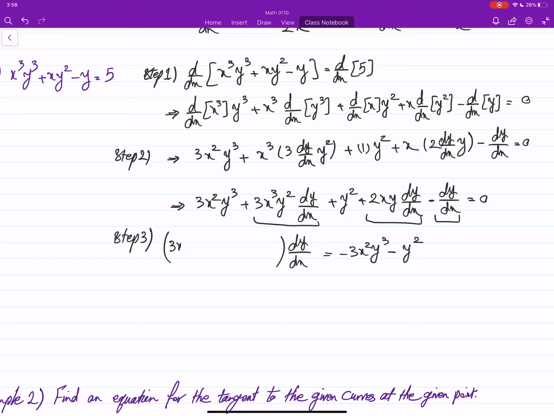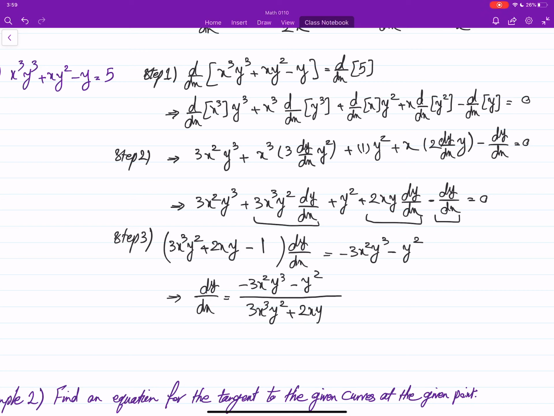So it will be 3x cubed y squared plus 2xy minus 1. As a result, dy/dx is minus 3x squared y cubed minus y squared over 3x cubed y squared plus 2xy minus 1. And that is how we find the derivative of a function implicitly defined for this example.